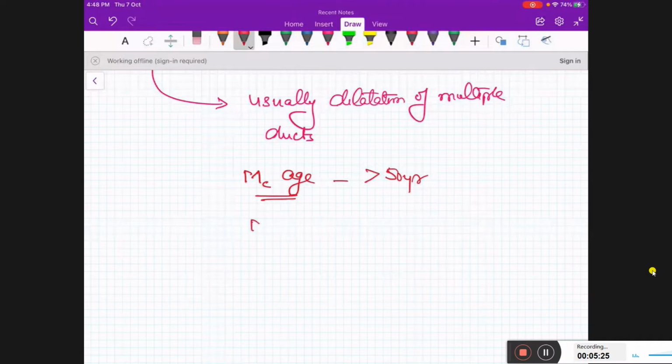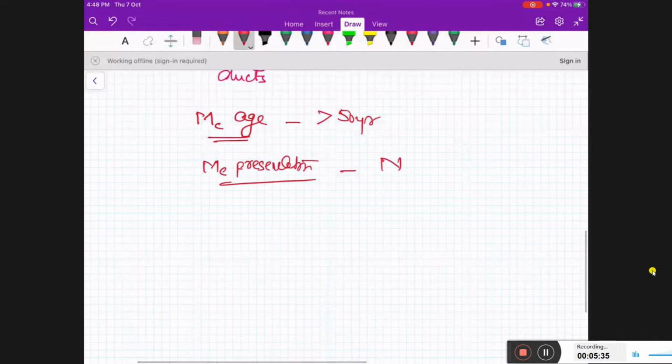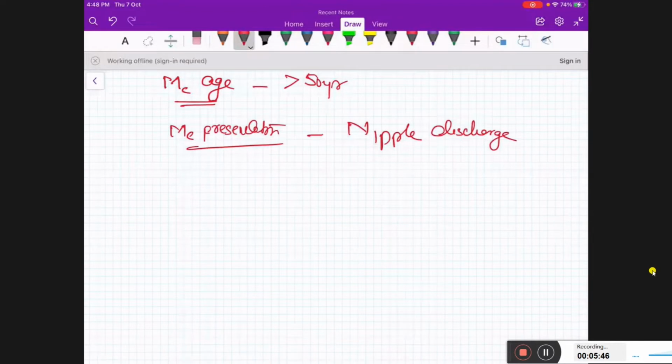And what is the most common presentation? Yes, it has to be nipple discharge, because if you say discharge, it can be a nasal discharge also. So it is a nipple discharge. In this nipple discharge, there are various types of discharges from the nipple.